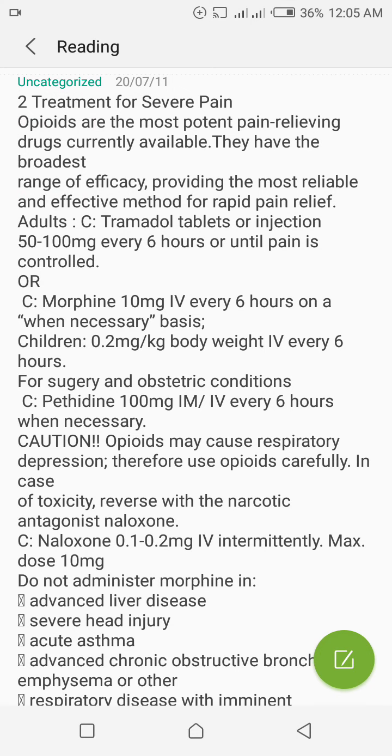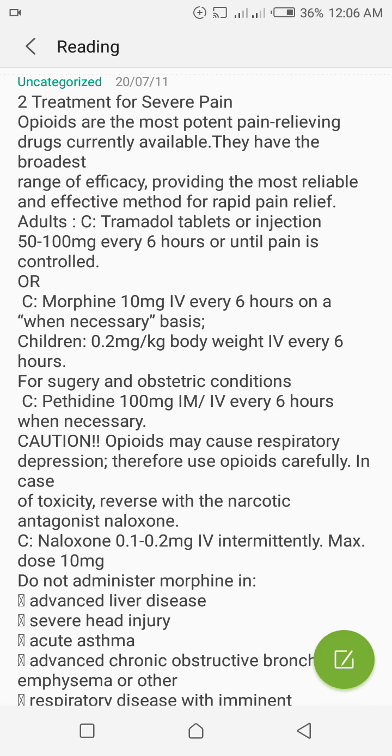Now, for the treatment of severe pain, you use opioids, the most potent pain-relieving drugs currently available. They have the broadest range of efficacy, providing the most reliable and effective methods for rapid pain relief.